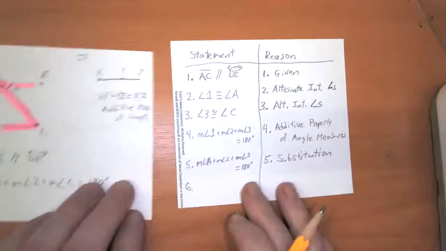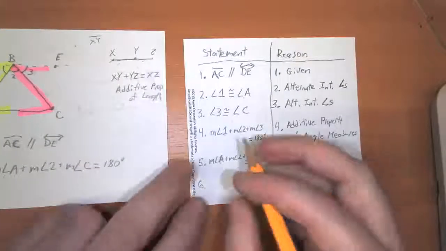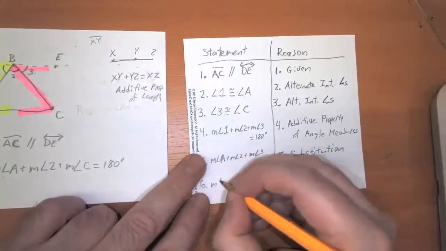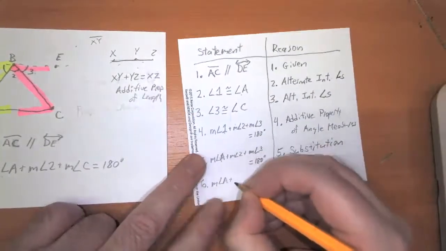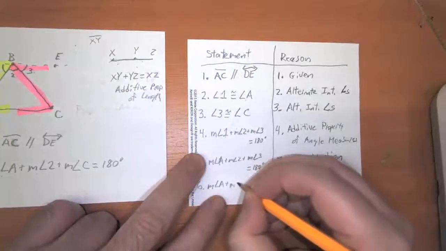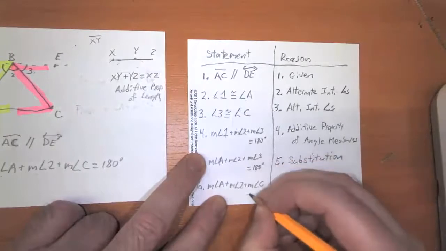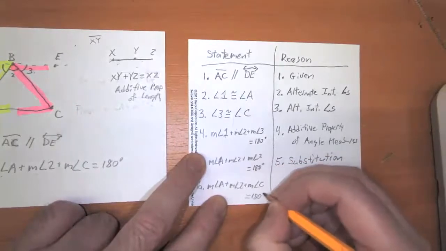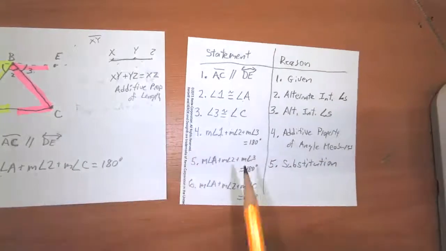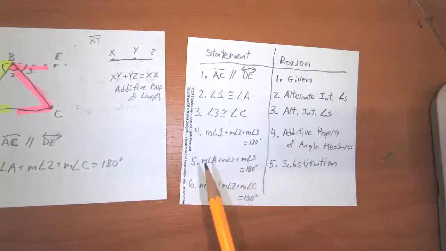All right, and I need one more line of the proof to finish. So this is the measure of angle A plus the measure of angle 2 plus the measure of angle C is equal to 180 degrees. So see if you can tell the difference between line 5 and line 6 and what my reason for that would be.